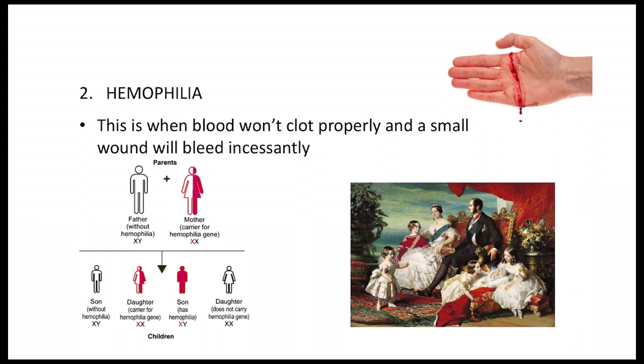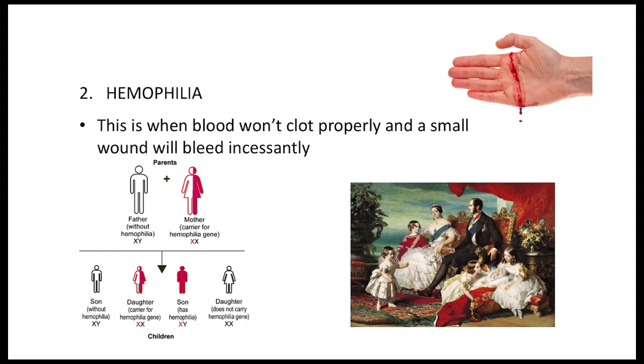So if we did a cross, this would look really similar to color blindness. First off, from our sex inheritance, there is a 50% chance of a child being male or female.